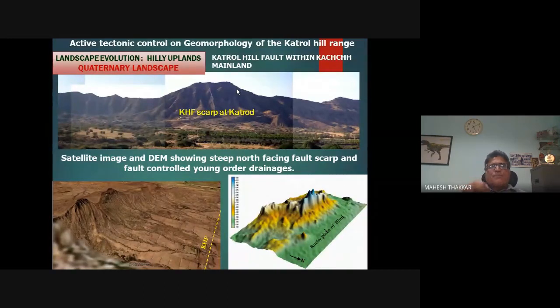You can have rarely preserved quaternary formations, which I have shown in the earlier slides, but you can study the related landscapes at some preserved locations. If you don't have very good quaternary patches, the landscape development itself will give you their activeness. So Kachchh is the place where we get the landscape features related to active tectonics all along the Kachchh fault and the Kutch Mainland Fault.